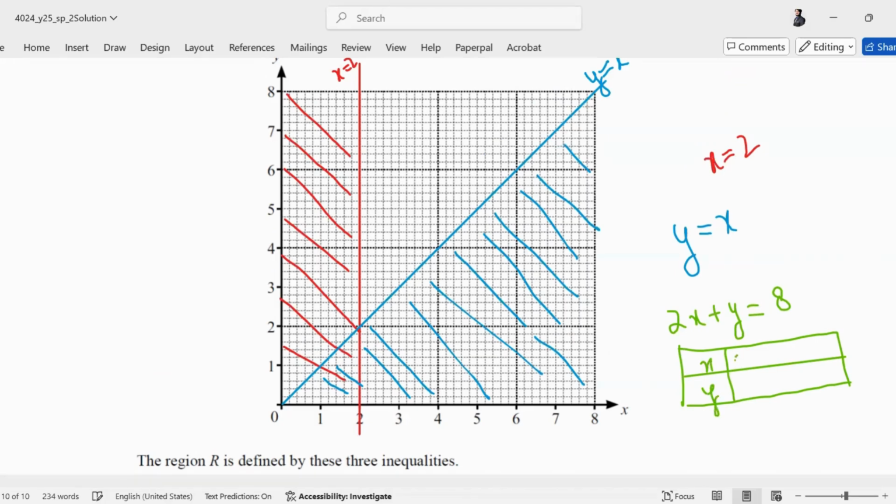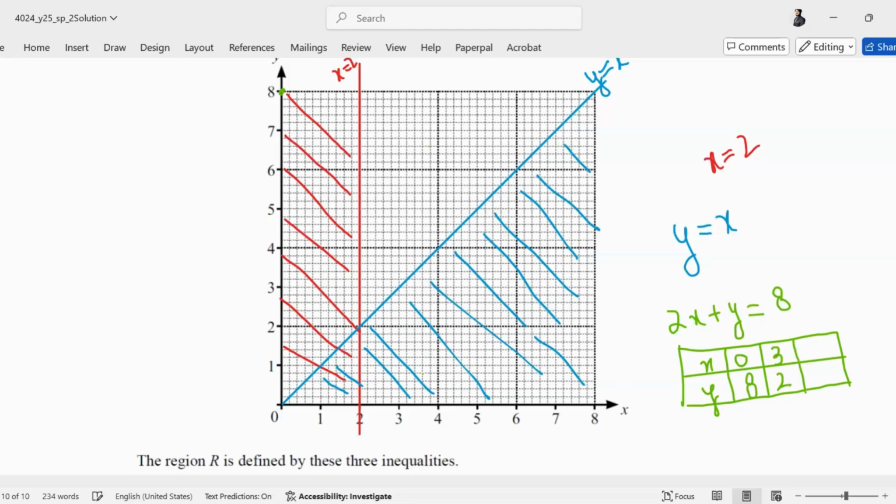If I plug in x as 0 in this one, 2 zeros are 0, so the value of y is 8. So when x is 0, y is 8. This is one point that I have. Another point that I can take is x is 3. 2 threes are 6, this goes on that side, so y is 2.